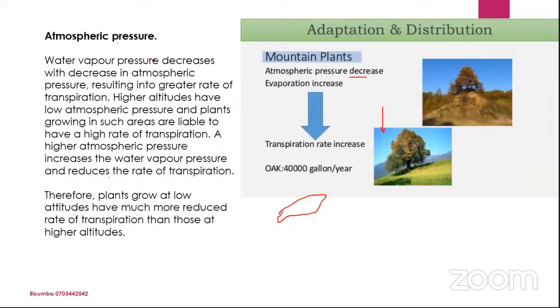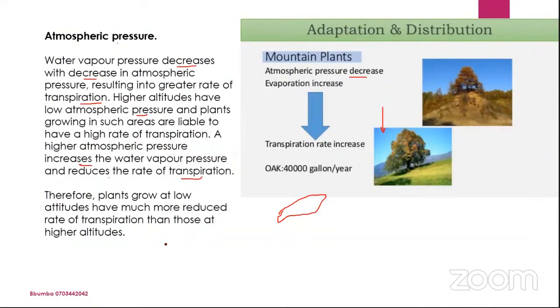So water vapor pressure decreases with decrease in atmospheric pressure, resulting into greater rate of what? Transpiration. Higher altitudes have low atmospheric pressure because less air is above them to press against them, and plants growing in such areas are liable to a very high rate of transpiration. A higher atmospheric pressure increases the water vapor pressure and reduces the rate of transpiration.